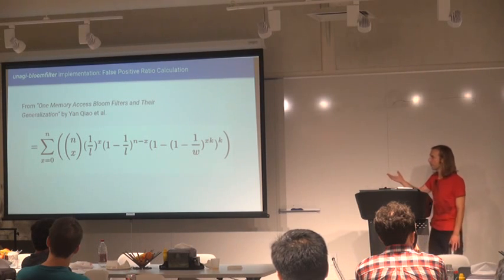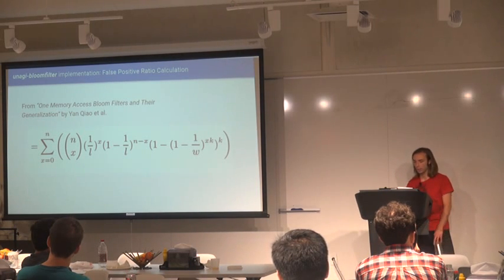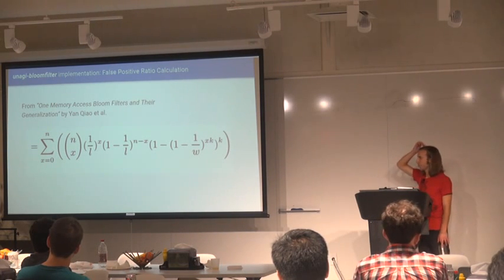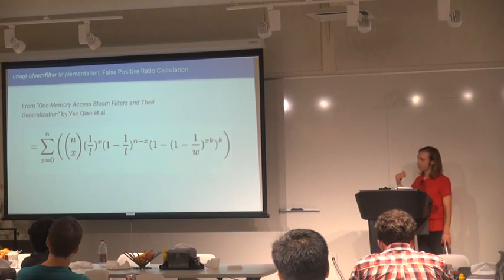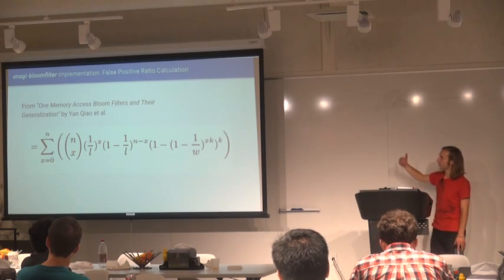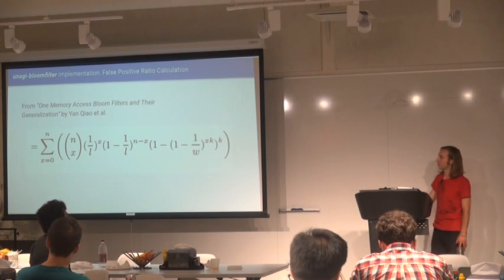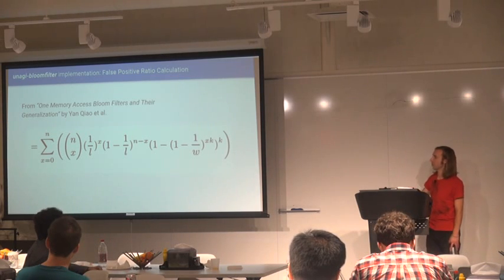I didn't understand the derivation of this. To define what false positive ratio means in words, it's the percentage of queries for elements that are not in the Bloom filter which can be expected to return positives, which are false positives.